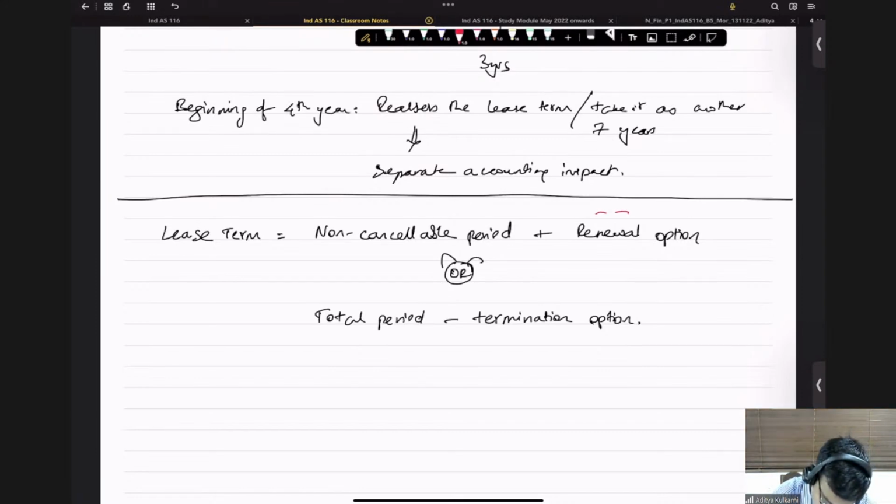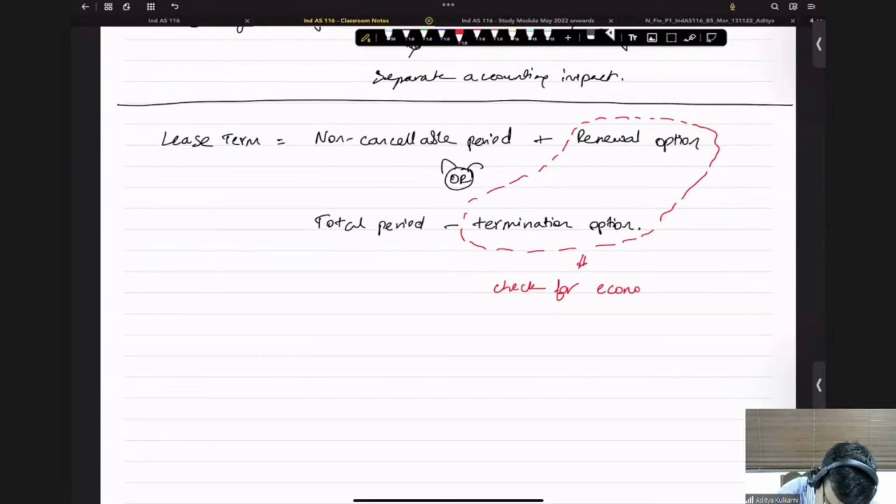And for these options, that is the renewal or termination option, what are you going to do?